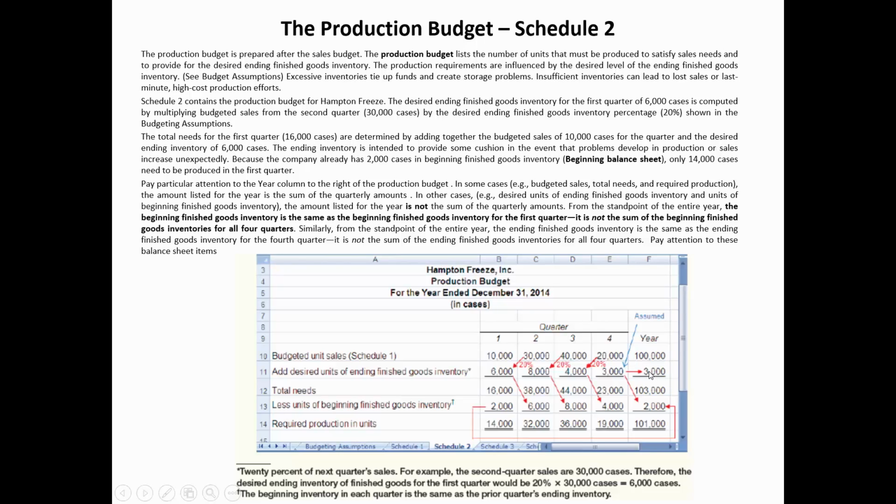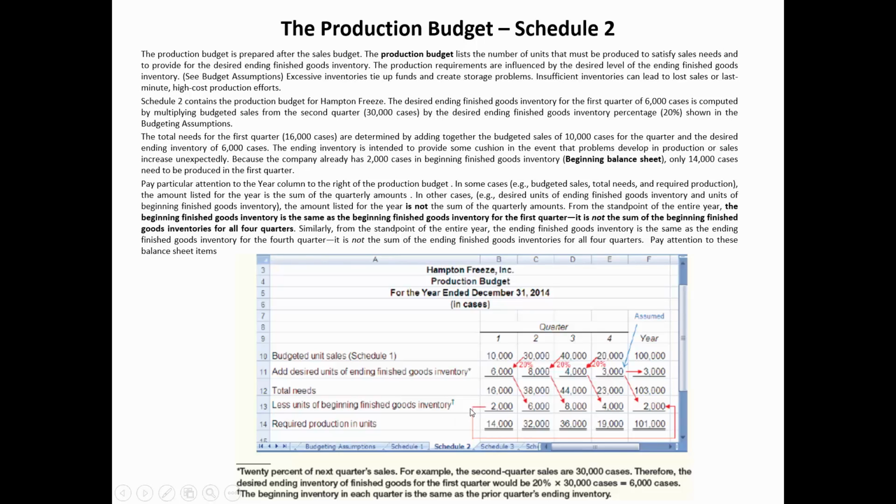This, however, is based upon the desired ending finished goods inventory. Because it's balance sheet related, it's going to be one particular number. So it's going to be 3,000 as opposed to adding each one of these up. Now we're going to add up total needs for the whole year of 103,000.